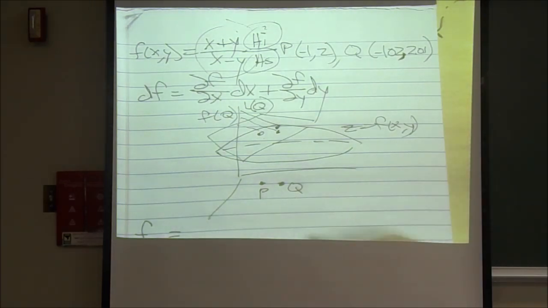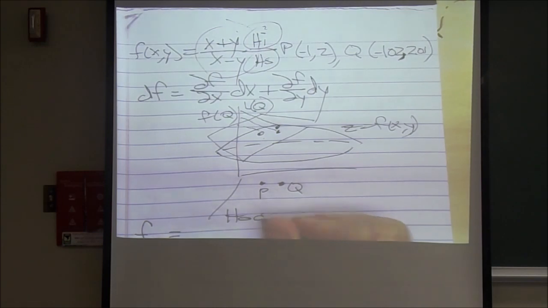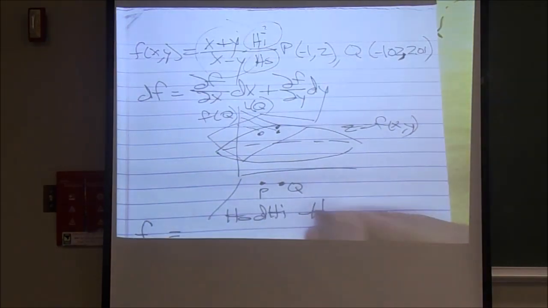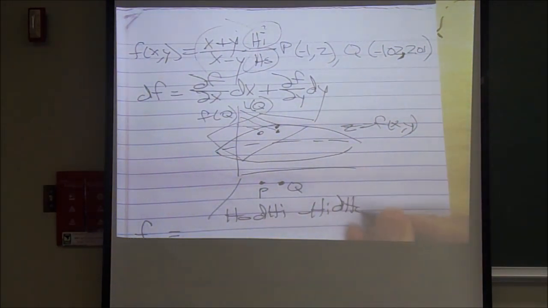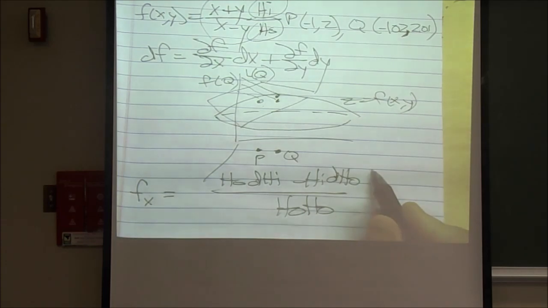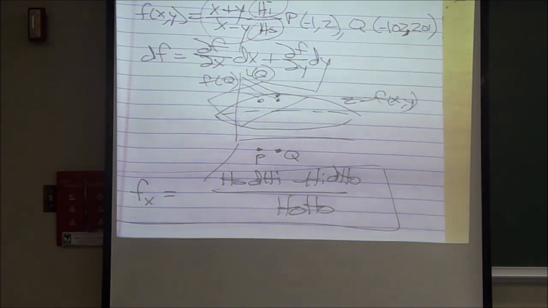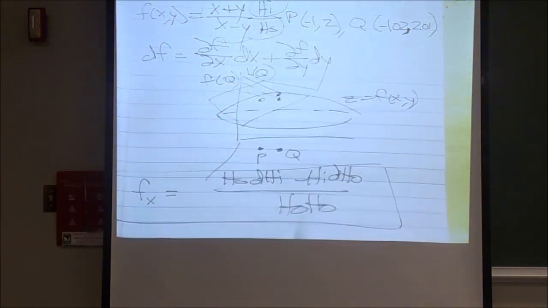And so, using this differential notation, what's the quotient rule? Ho d high minus high d ho over ho ho, right? And off to work we go. So if you have trouble with the quotient rule, like a lot of us do, there's an easy way. You can do it in a song or something. All right.